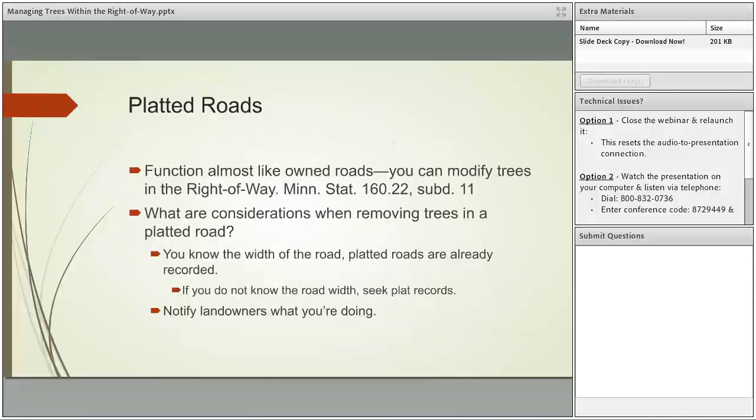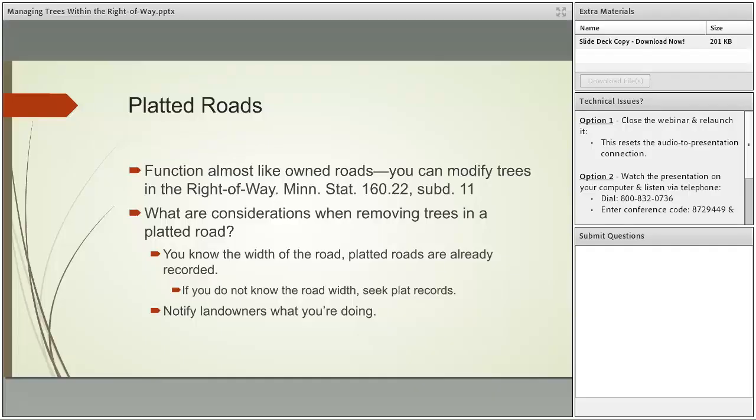As for platted roads, this is much simpler. This is like fee title ownership. Minnesota Statutes 160.22, the statute we've been discussing, subdivision 11, allows town boards to modify platted roads to remove trees and hedges without needing to notify the landowner.